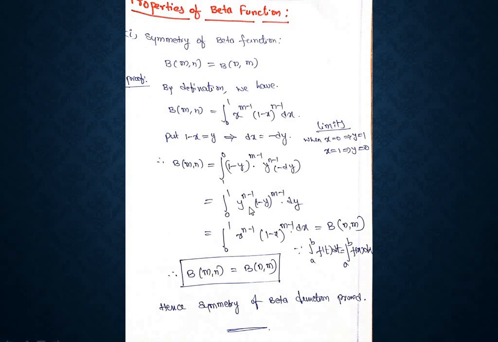So x power n minus 1, (1 minus x) power m minus 1 dx. In the place of m we have n, and in the place of n we have m. So this is the definition for beta of n comma m. Hence we proved the symmetric property, beta of m comma n is equal to beta of n comma m.